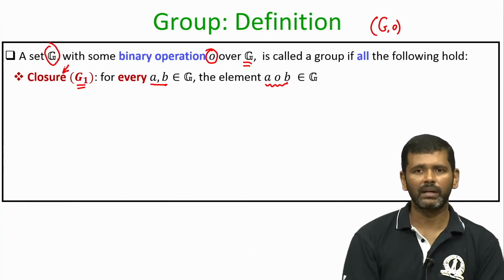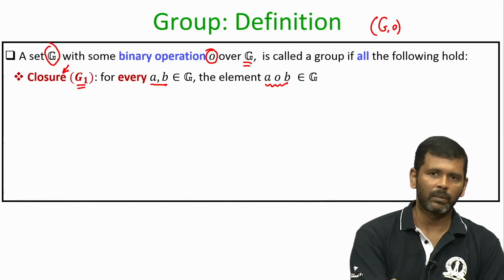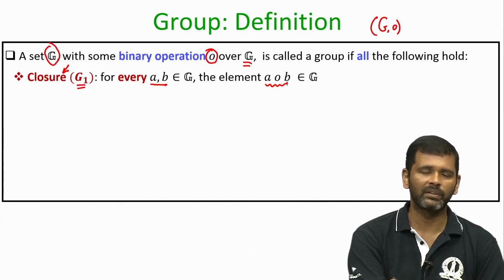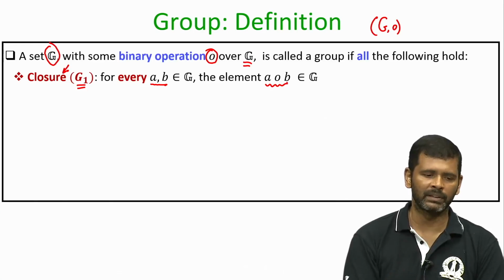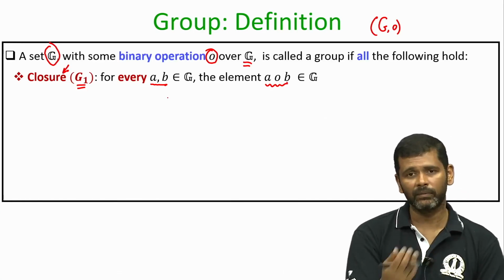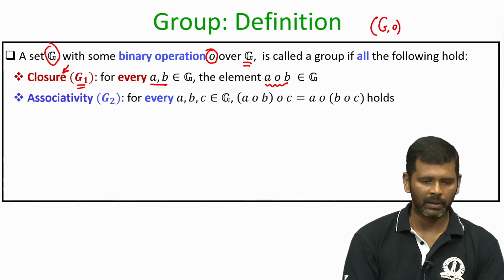Closure in the sense that it will not be the case that by performing the operation O on the operands a and b, you will obtain a member which is outside the set big G. It will be within the set big G itself, and this is true for every a, b, namely even for a equal to b as well. Okay. So, that is the closure property.